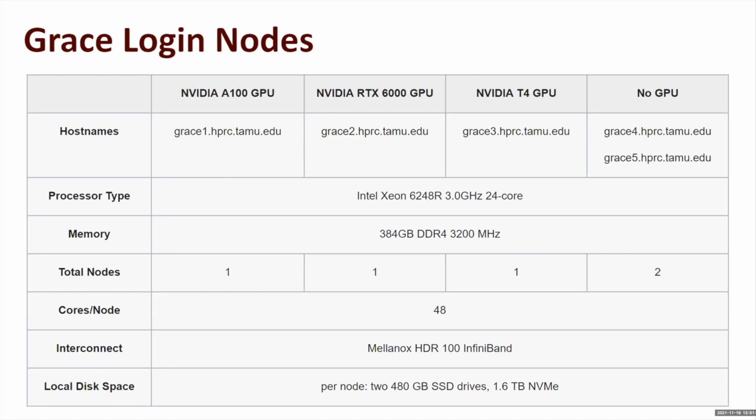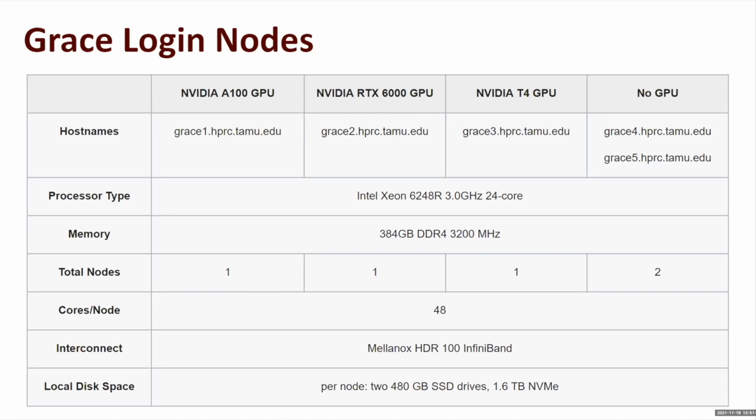If you want to do some inference and other things, T4 and RTX 6000 are pretty good nodes. Each node has 384 gigabytes of memory. That's memory, not a hard drive. Each node has 48 cores, so if you do multithreading, it's pretty powerful.